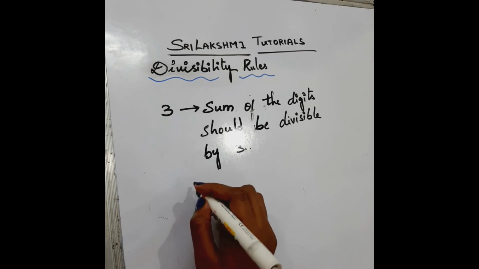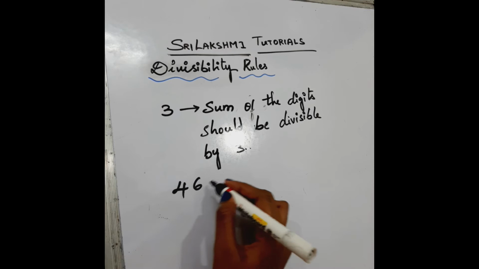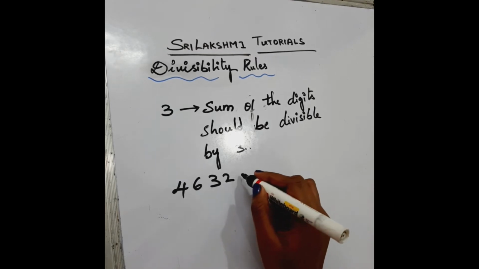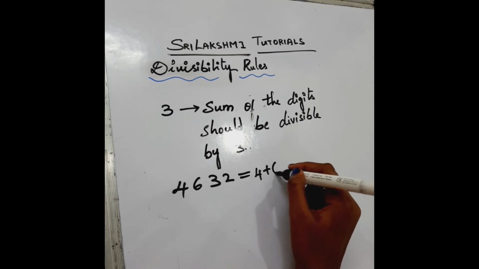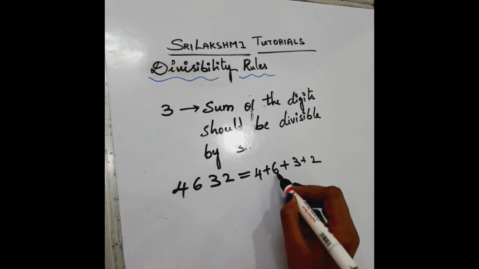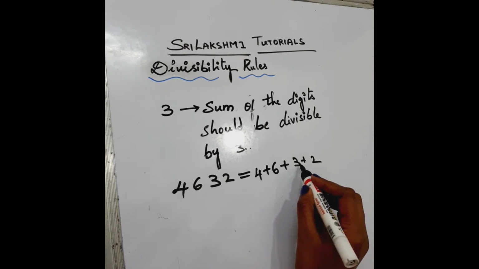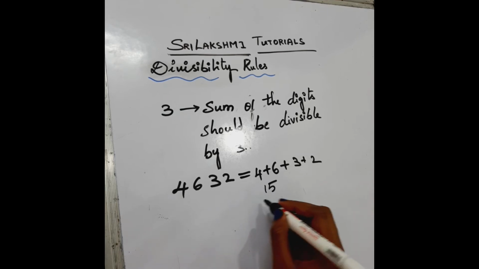Take a 4-digit number like 4632. First add these digits: 4 plus 6 plus 3 plus 2. Now 4 plus 6 is 10, 10 plus 3 is 13, 13 plus 2 is 15.